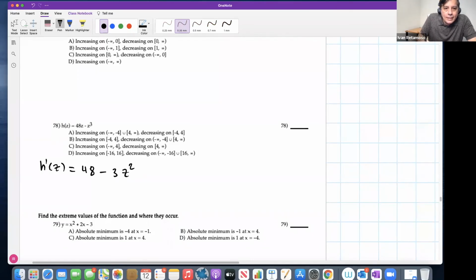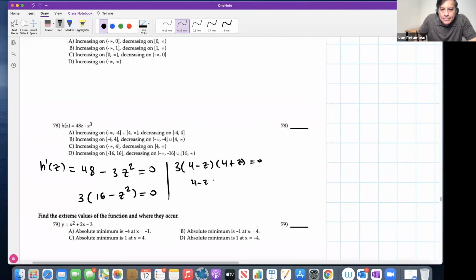Then you set your derivative equal to 0. Factoring out, this is 16 minus z squared equals 0. Factoring this part, you get 3 times 4 minus z times 4 plus z equals 0.